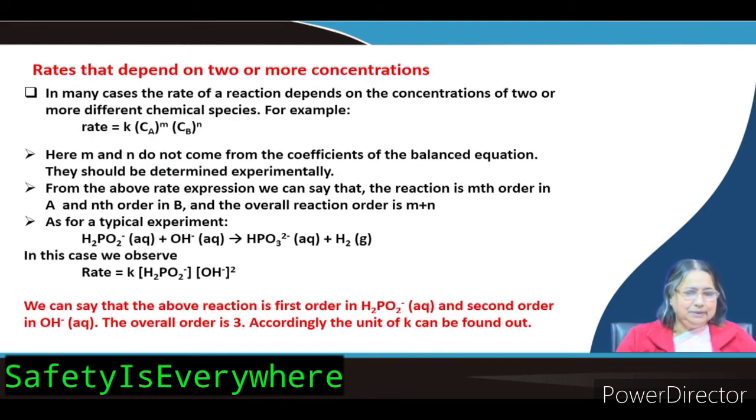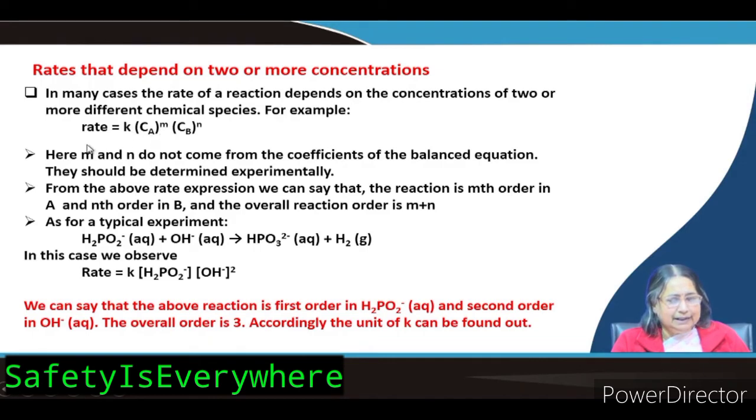Now, in many cases the rate of a reaction depends on the concentration of 2 or more different chemical species. That is what I was explaining in the previous slide. In this case you see the rate is k, the specific rate constant, times Ca to the power m and Cb to the power n.